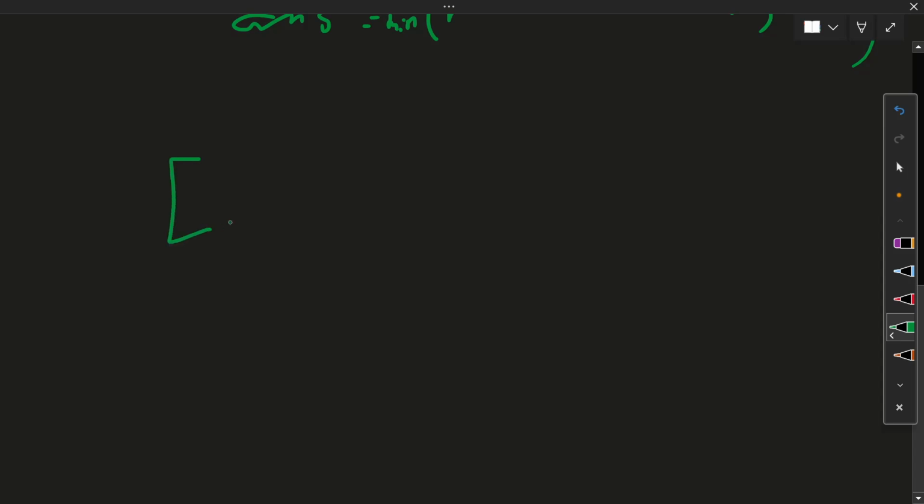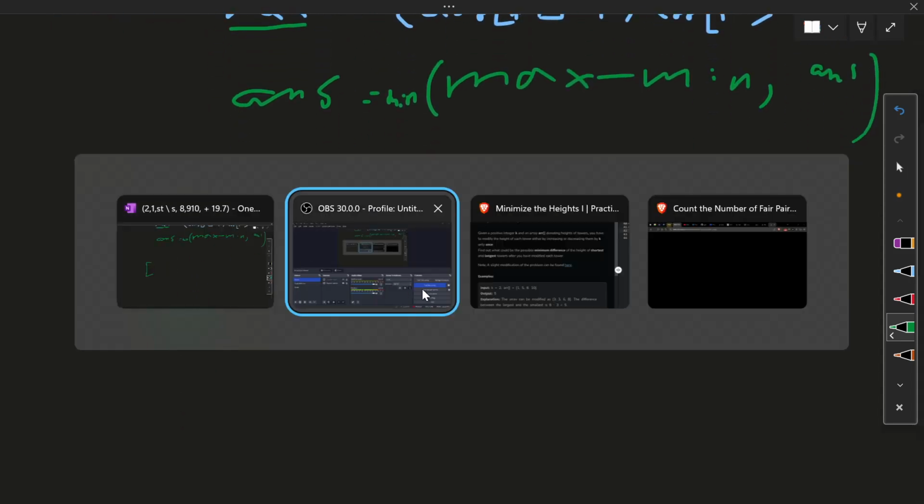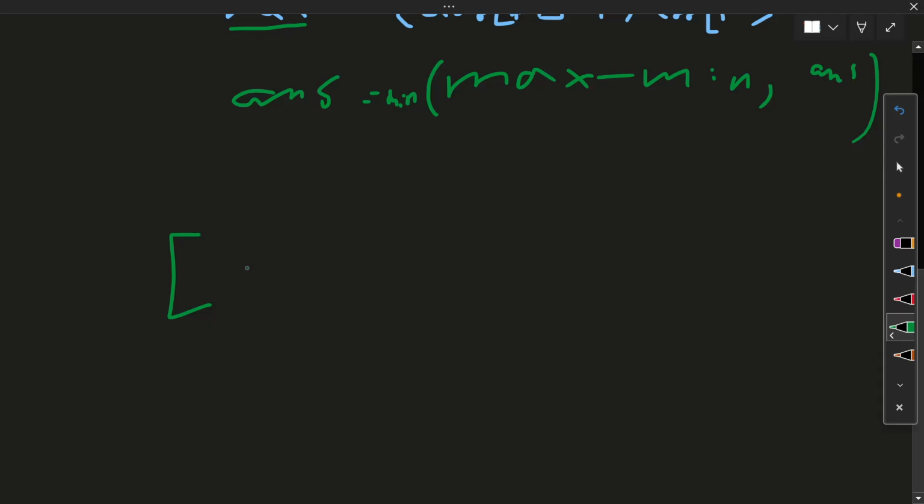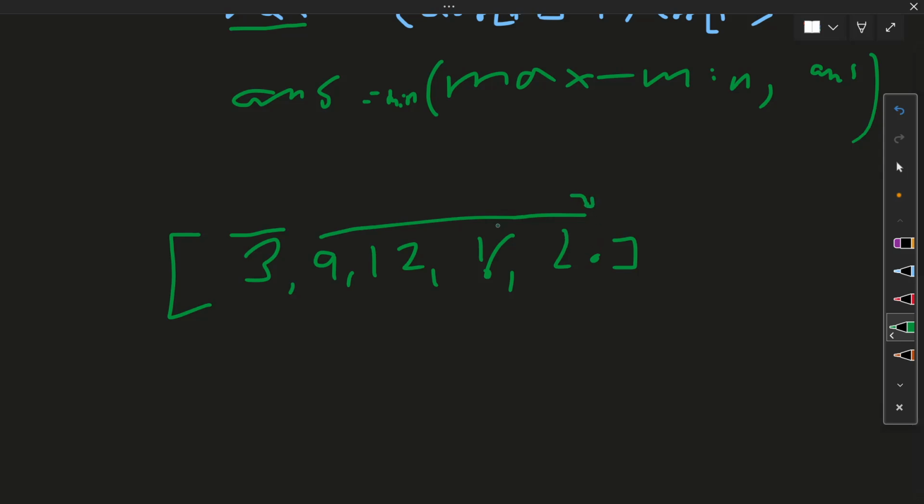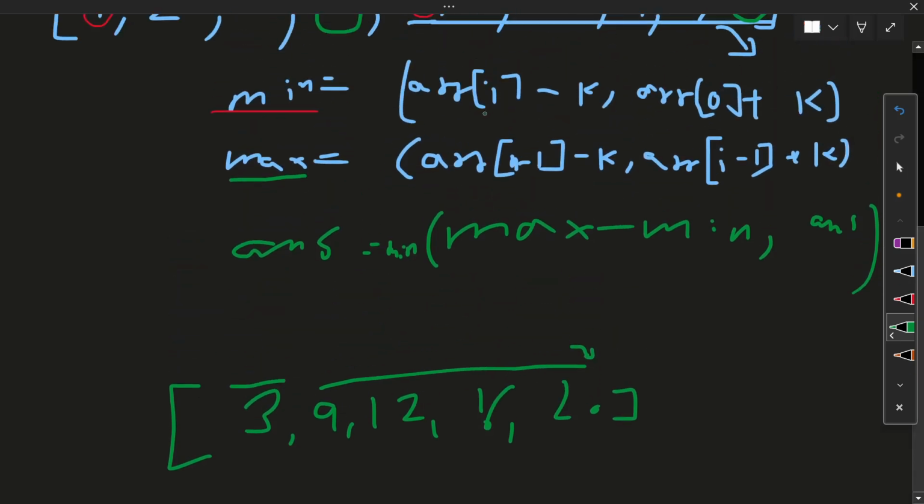So let's apply this algorithm on our test case. We have 3, 9, 12, 16 and 20. I think it is 16. Yes. So I will increment all the values till here and decrement all the values till here. What will be my minimum value? Either this minus k.